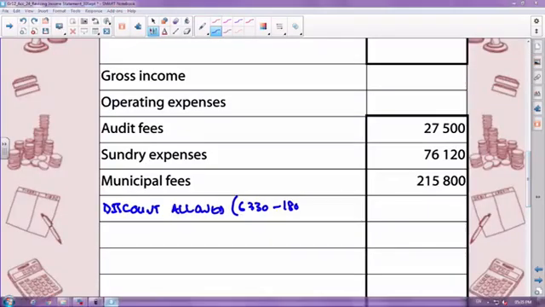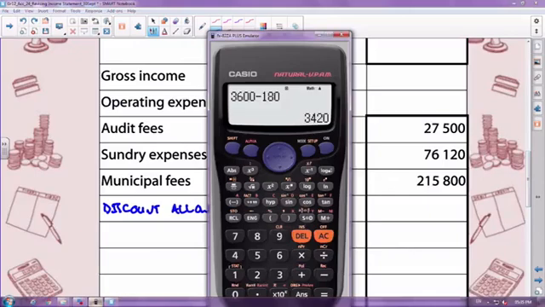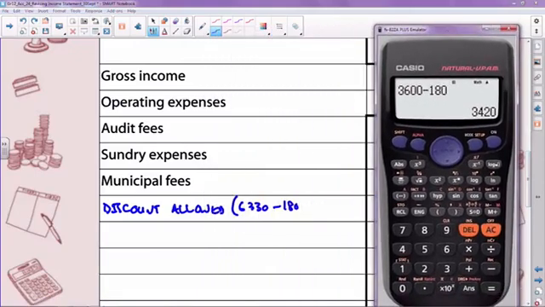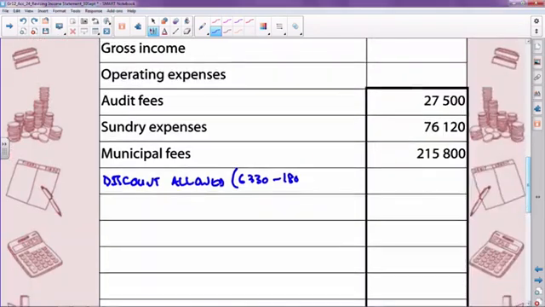If I'm crediting, I'm decreasing. Therefore, in my final figure, I've got 6330 minus the 180, and my amount is 6150. 6150 would be my discount allowed component.